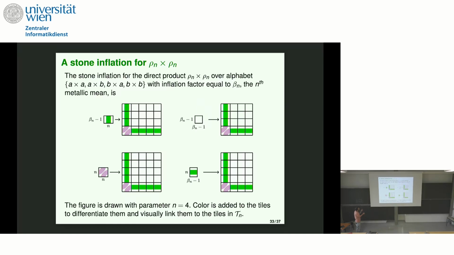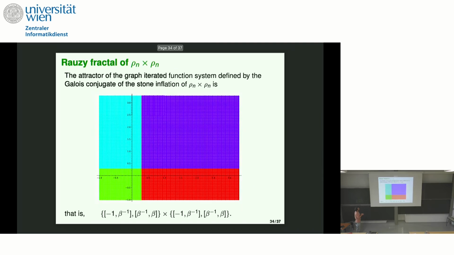These are the proper length of these tiles when you do them as an inflation. And then you compute the attractor of the IFS for this direct product, you get this. Well, of course, it's the direct product of what we've computed already. This times this, you have 4 shapes. This substitution is a simplification of omega n we have seen earlier.